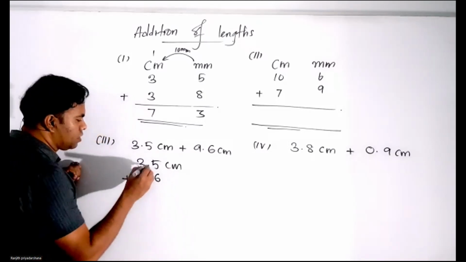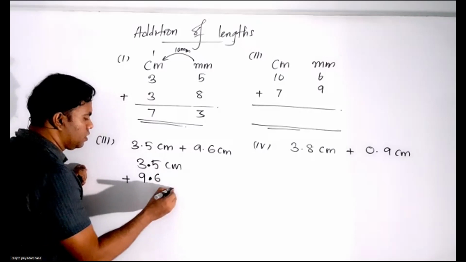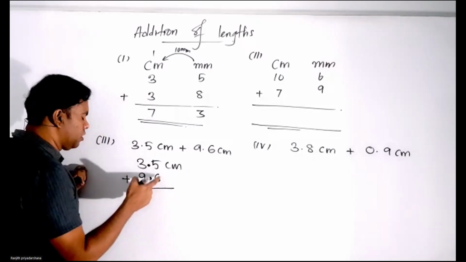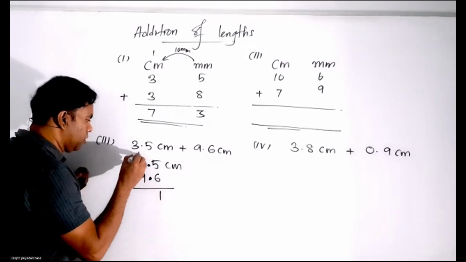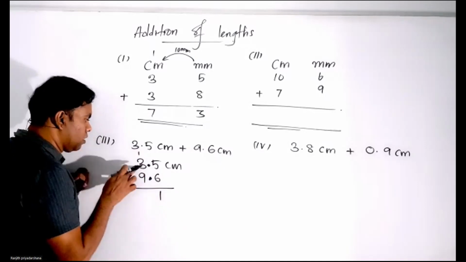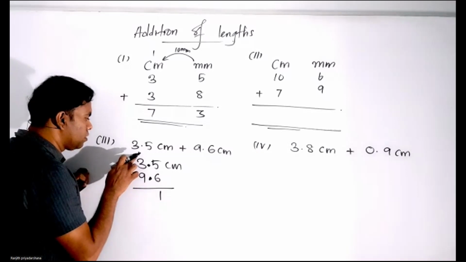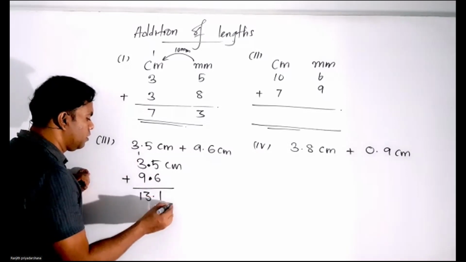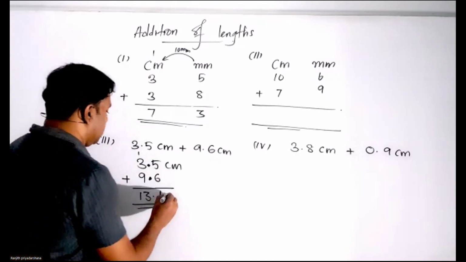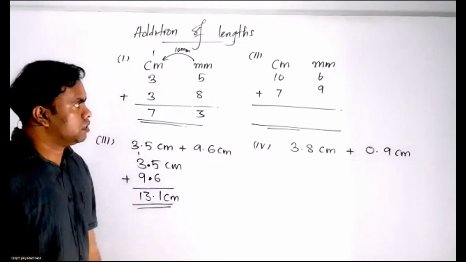You have to keep this decimal point in the same alignment. 6 plus 5 is 11. 1 remains. It goes to this one's place. 3 plus 1 is 4. 4 plus 9 is 13. 1 centimeter is the answer.